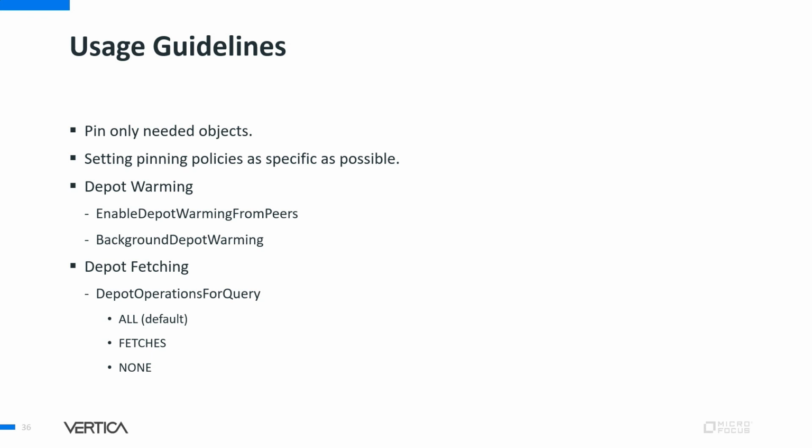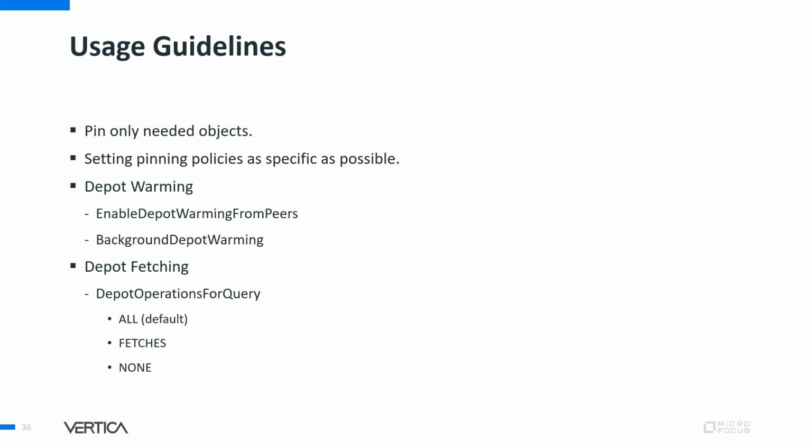First, when you set this parameter to all, Vertica will fetch data from the communal storage, and if necessary, displace existing files by evicting from the depot. When you set this parameter to fetches, Vertica will fetch data from the communal storage only if there is space available on the depot. Otherwise, it will read queried data directly from the communal storage.